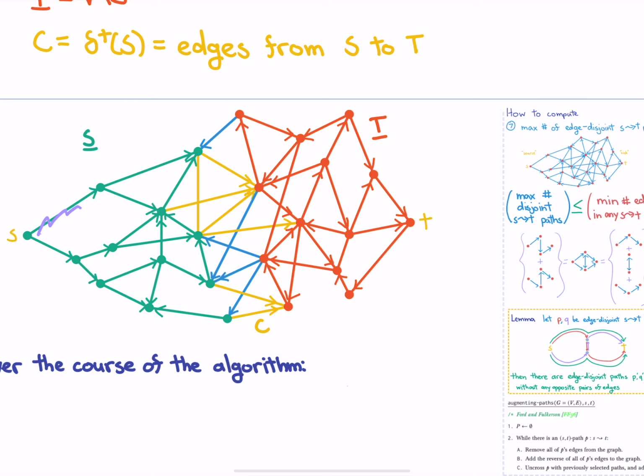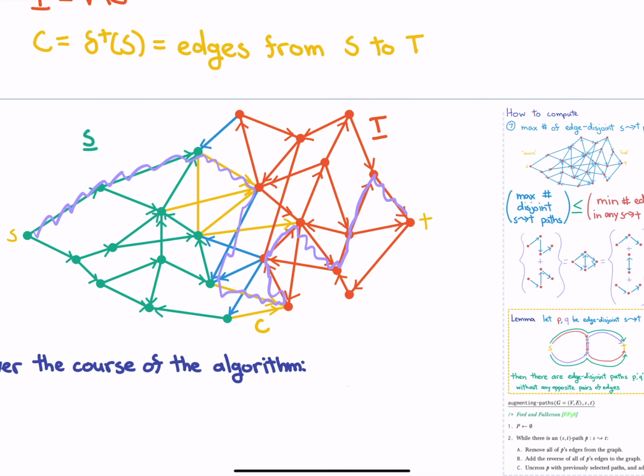The algorithm is going to look for a path of some arbitrary kind from S to T. This is quite arbitrary, not at all a very short one, but it's a path from S to T. It actually uses more than one edge from that cut. It uses two. So I can't say that this path always only uses one edge from the cut.